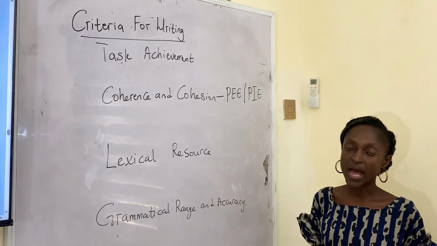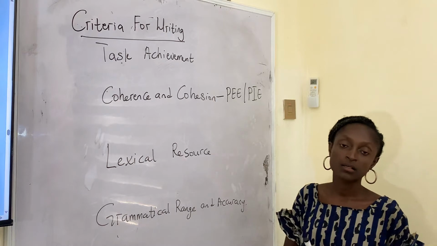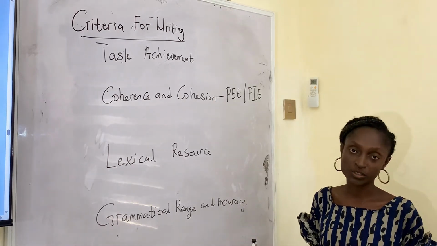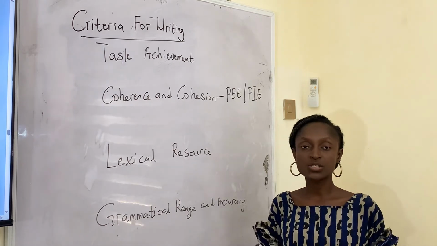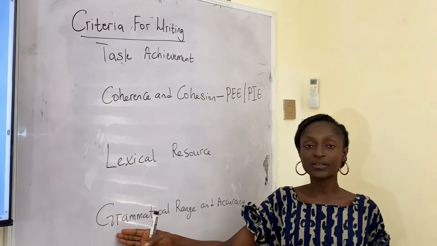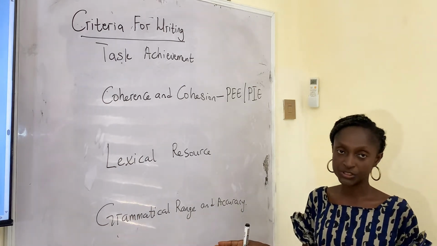We have the simple sentence, the compound sentence, and the complex sentence. So how well you can use this combination in your letter, that is being measured under grammatical range.